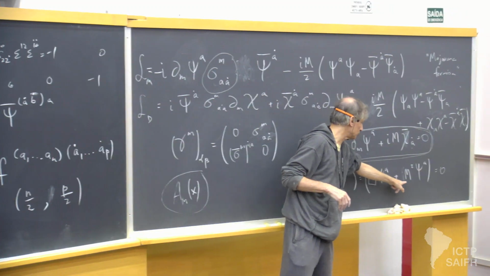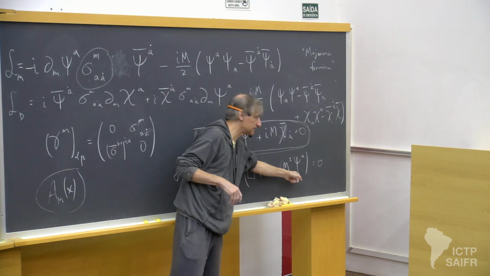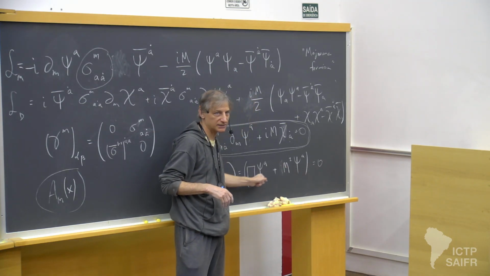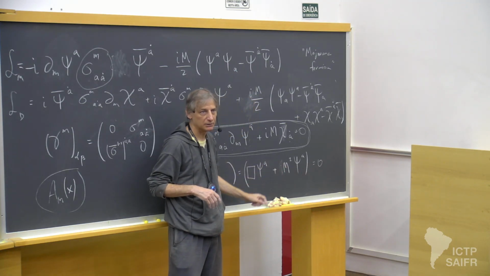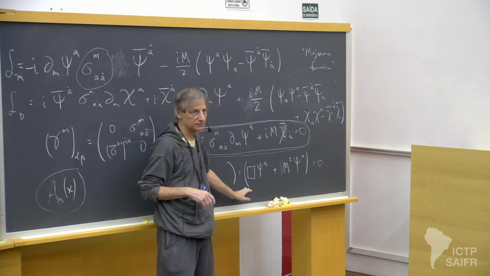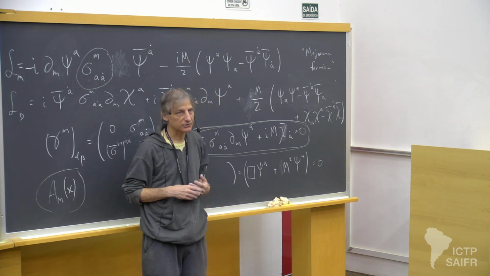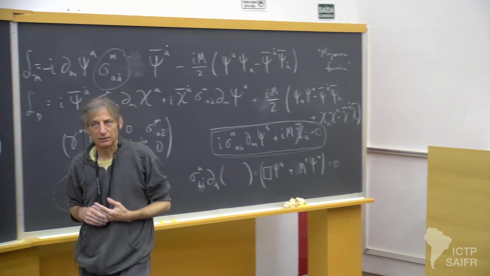This equation of motion clearly implies that, because if this product is 0 and psi a is not 0, then box has to be equal to m squared, or minus m squared. So that's why this is called the Klein-Gordon equation. Thanks.